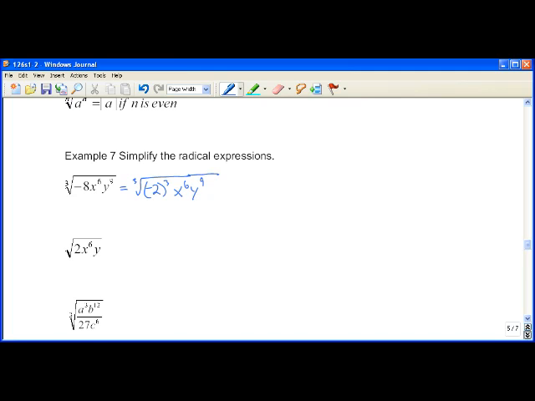This is negative 2 to the 3rd power; 3 divided by 3 is 1. We have x to the 6th; 6 divided by 3 is x squared. Y to the 9th; 9 divided by 3 is y to the 3rd. That one worked out well because there were no remainders. So it's negative 2x squared y cubed.